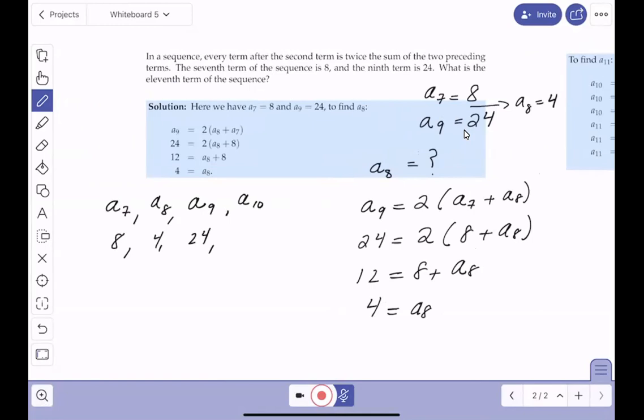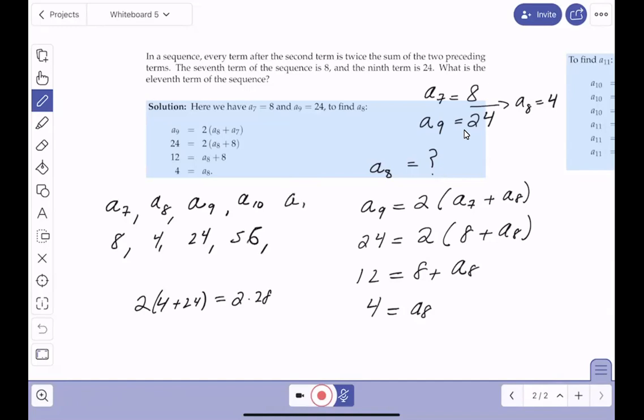All right, let's repeat this. A10 is going to be twice the sum of the prior two terms. Well, the prior two terms are 4 and 24. And what's twice that? 2 times 28, which would be 56. Mistakes can happen. I'm not saying they can't happen.